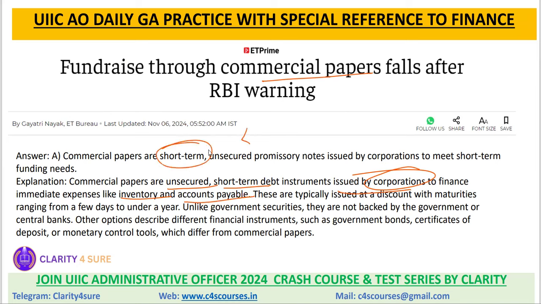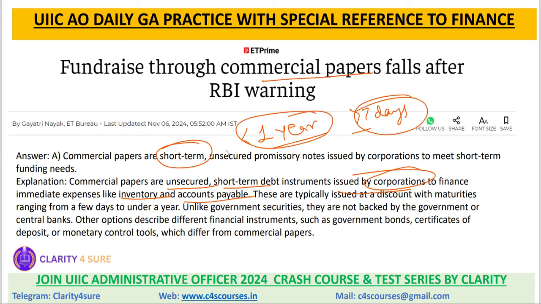Their maturity may range from a minimum of 7 days to a maximum of 1 year. They are issued for meeting short-term expenses like cost of inventory or accounts payable.